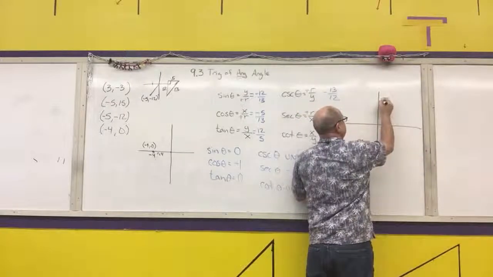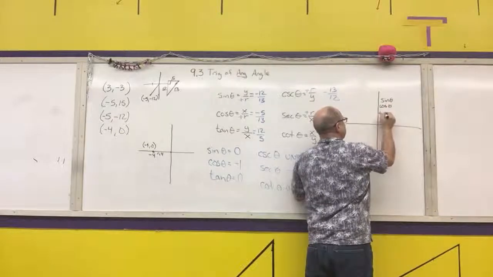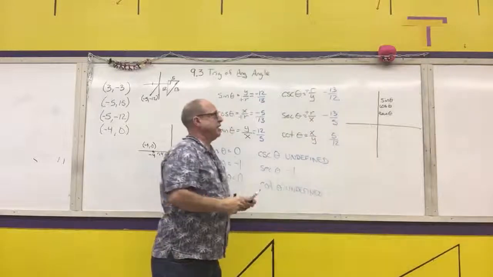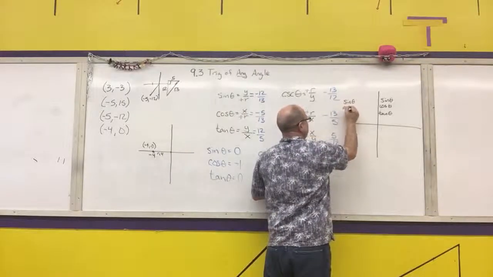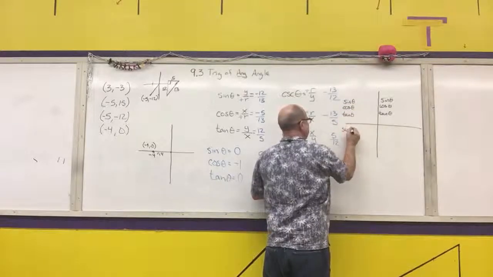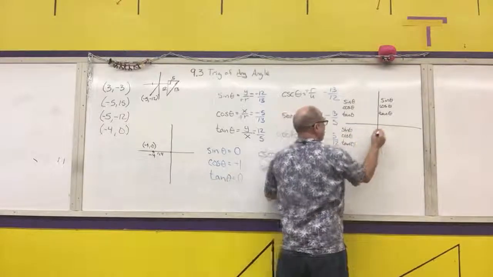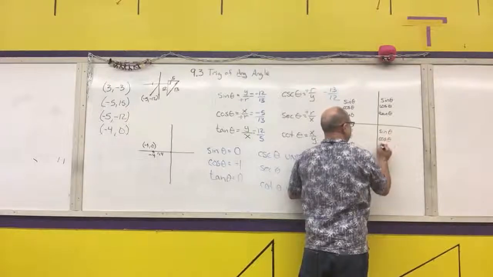So I'm going to write sine, cosine, tangent. I'm not going to write the reciprocals because the reciprocals will have the same sign. So sine, cosine, tangent, sine, cosine, tangent, sine, cosine, tangent.